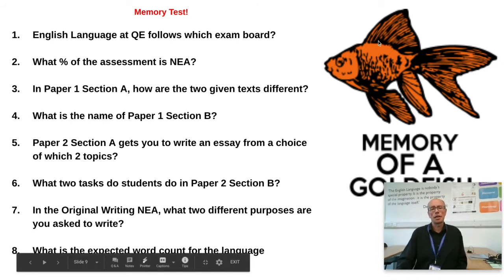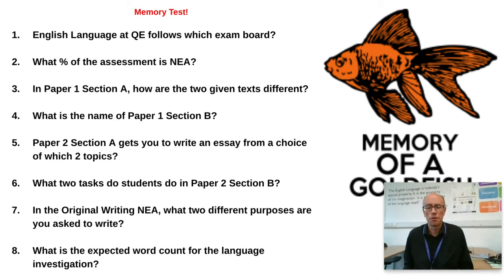Number 1, English language at QE follows which exam board? I'm not even sure I've told you that. Number 2, what percentage of the assessment is NEA? 3, in paper 1, section A, how are the 2 given texts different? 4, what is the name of paper 1, section B? 5, paper 2, section A gets you to write an essay from a choice of which 2 topics? 6, what 2 tasks do students do in paper 2, section B?